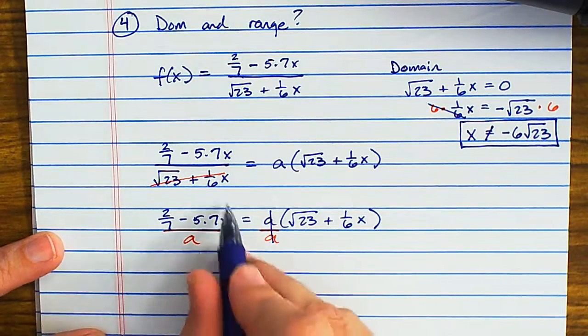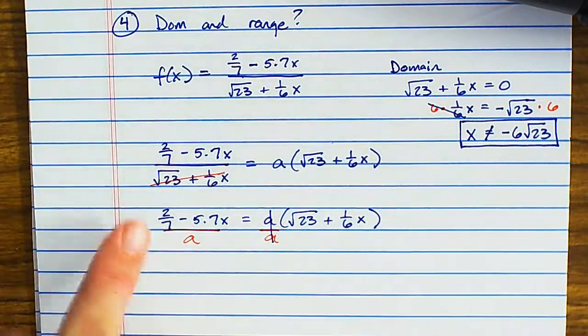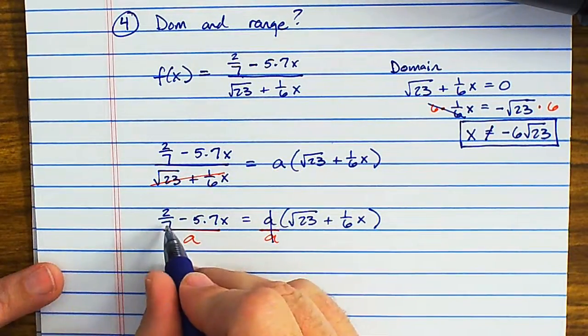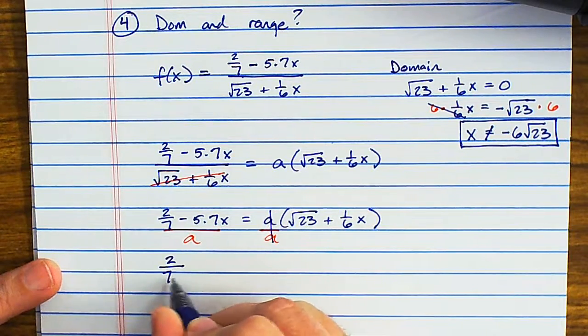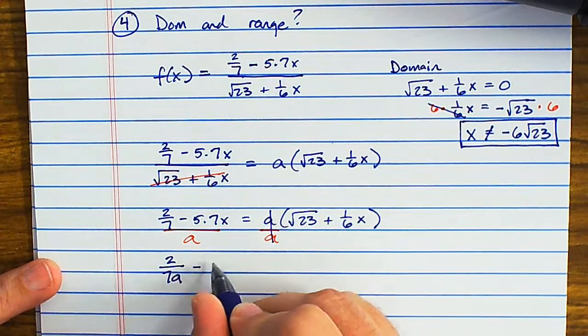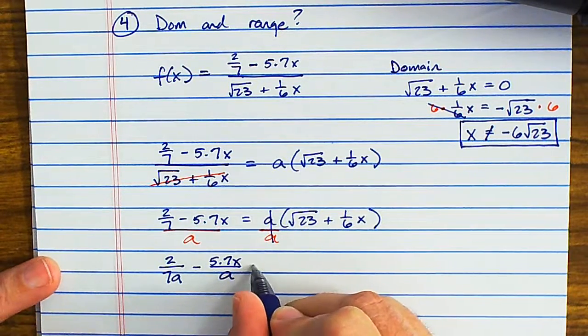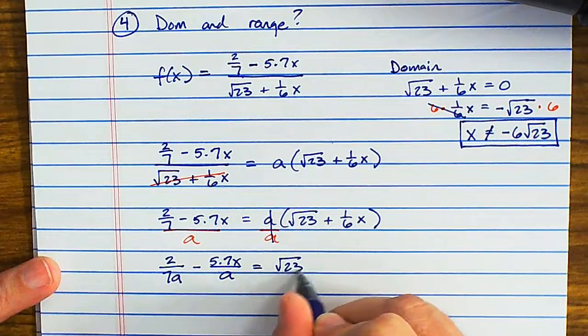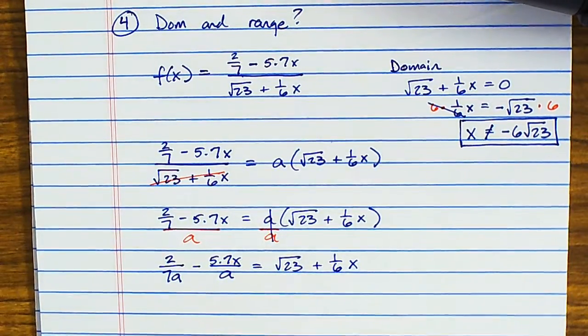And then I'm going to rewrite this one way there and one way there. So 2 over 7 divided by a is just 2 over 7a minus 5.7x over a equals radical 23 plus 1 over 6x.